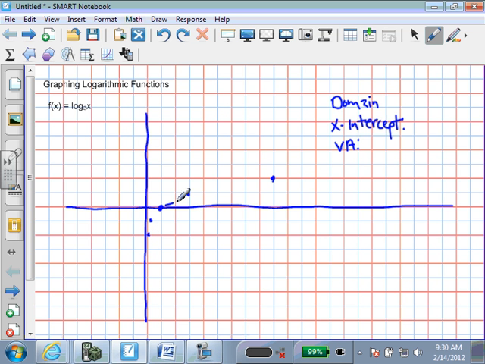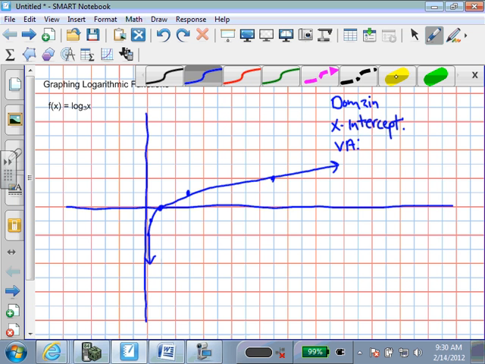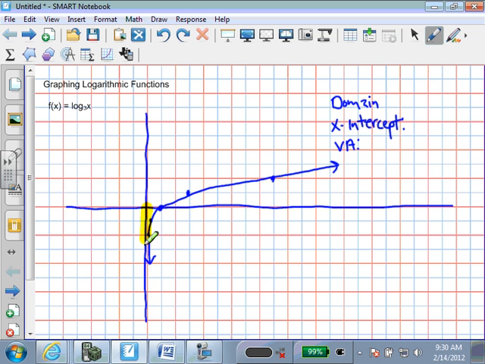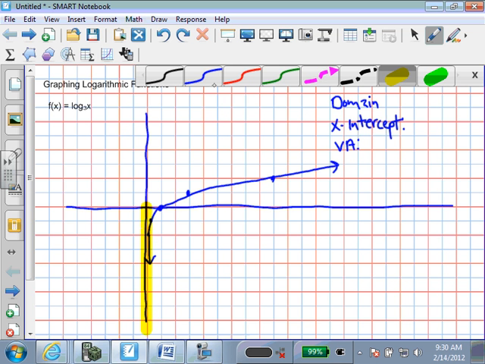So we get a look like this, with a slow rise over here, and headed for a vertical asymptote over here. You may be saying, wait a minute, I've seen that look before.